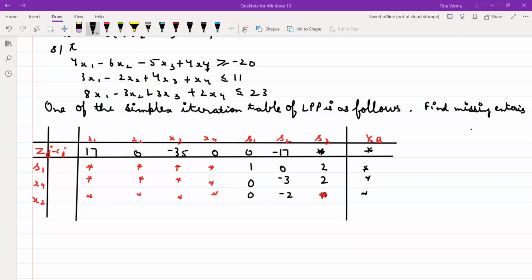This is one of the iterations of the simplex method.